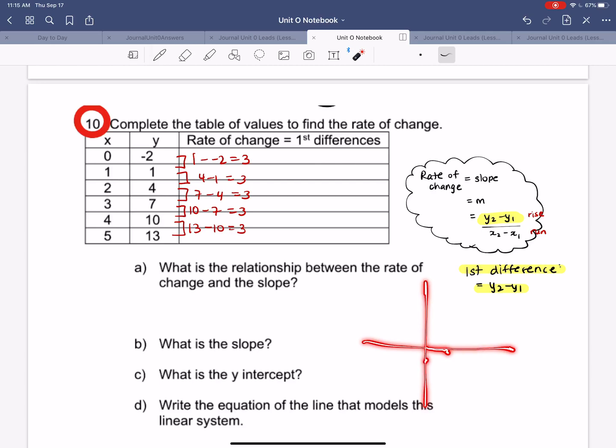You are starting at -2, then you're at 1, and then you're at 4. See how I'm starting to make a line, right? We have just verified that the first differences are constant, or the same.